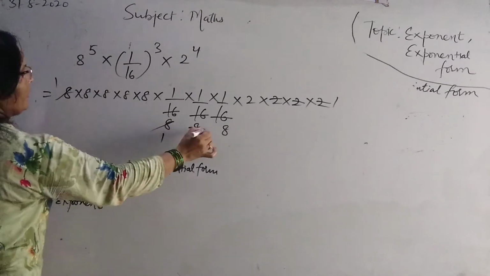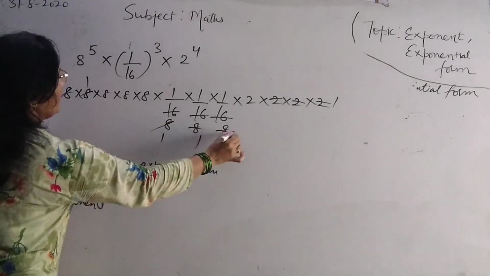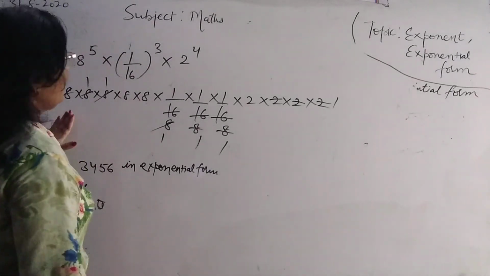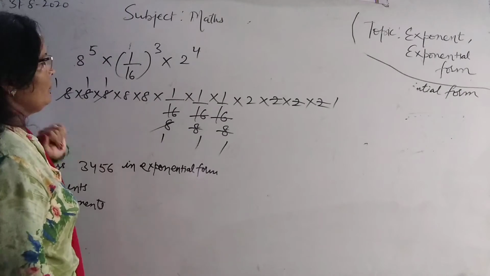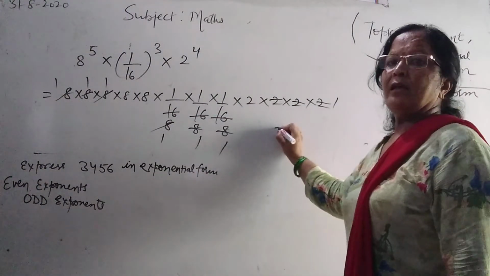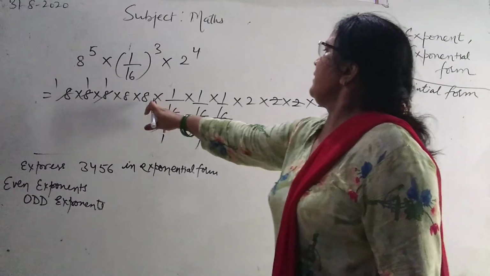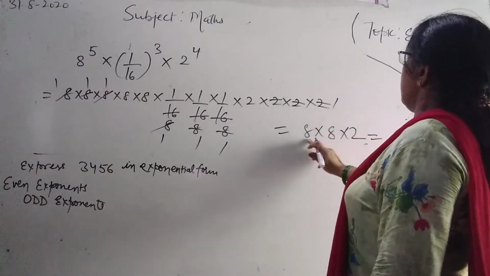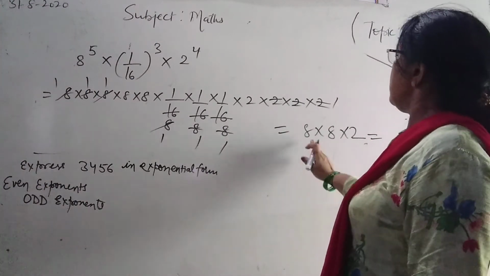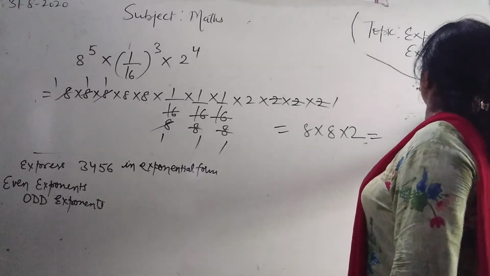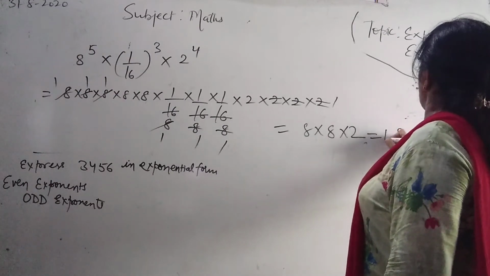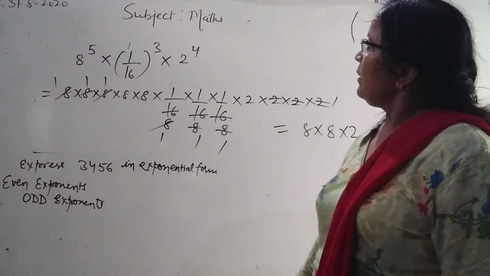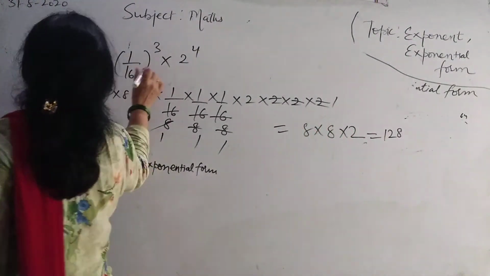Then you are left with 8 into 8 into 2 into 2. 8 8s are 64, and 64 2s are 128. In this way, you will find how to solve this.